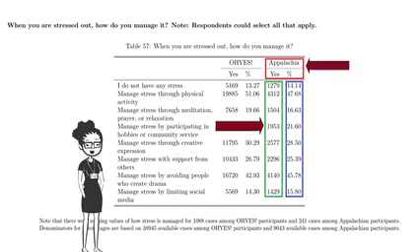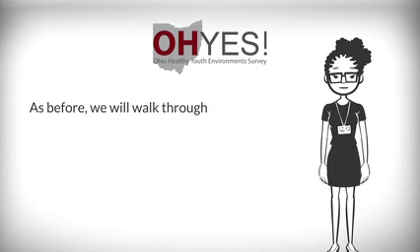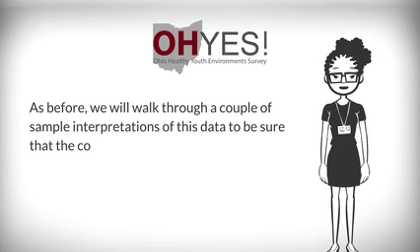The column in blue for Appalachia gives the percentage of individuals selecting the yes or checked response. The denominators in calculating these percentages appear in yellow boxes. The number of students choosing not to respond to these items appears in the numbers noted in the brown boxes. As before, we will walk through a couple of sample interpretations of this data to be sure that the content of the tables is clear.